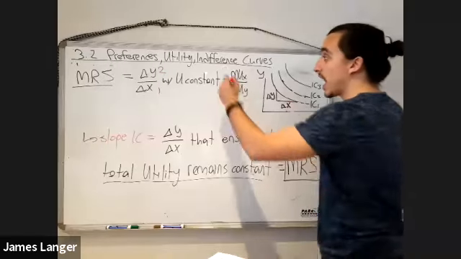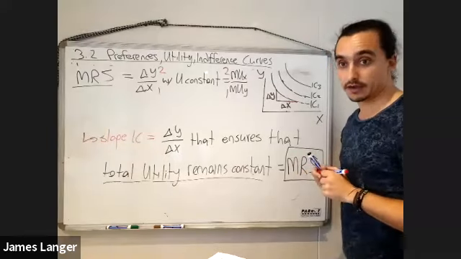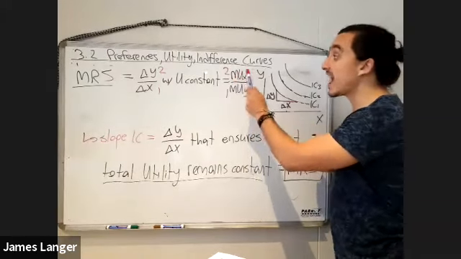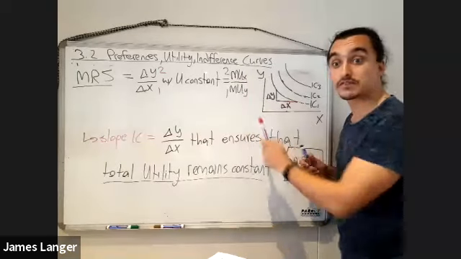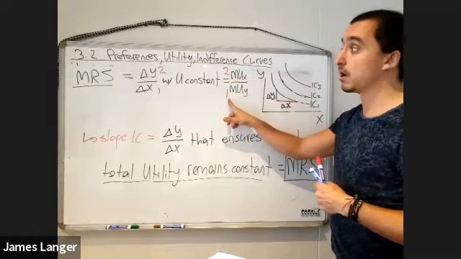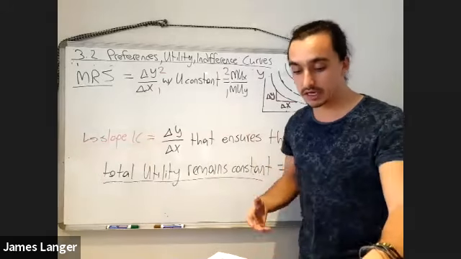I value x twice the amount that I value y. So it's not MUY over MUX, it's MUX over MUY. Because if I value x 2 times the amount that I value y at the margin, then I'm going to give up 2 y's for 1 x, and I'll be equally happy.